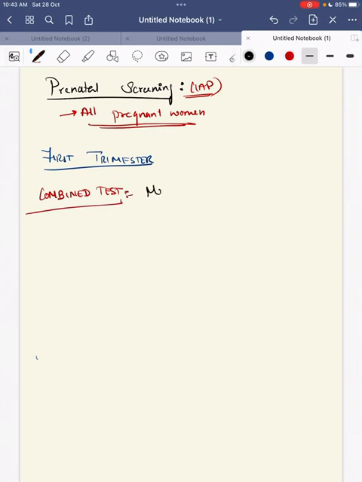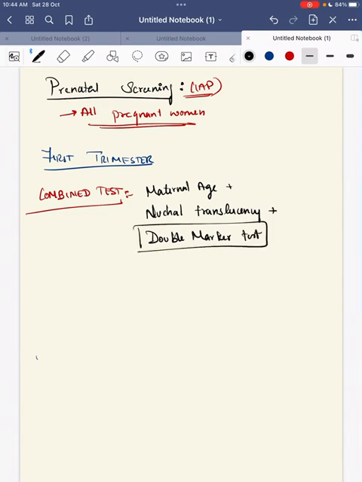So in combined test, this includes maternal age. Next is nuchal translucency. Third is double marker test. In viva, they can ask this combined test, triple marker test and quadruple test also, and double marker test.